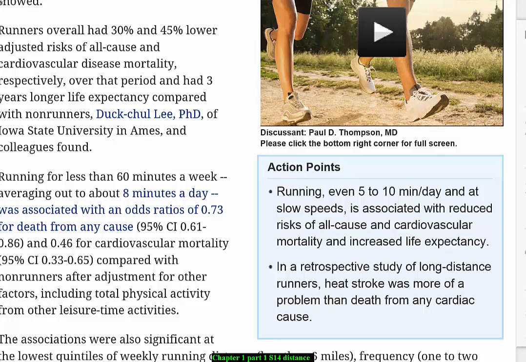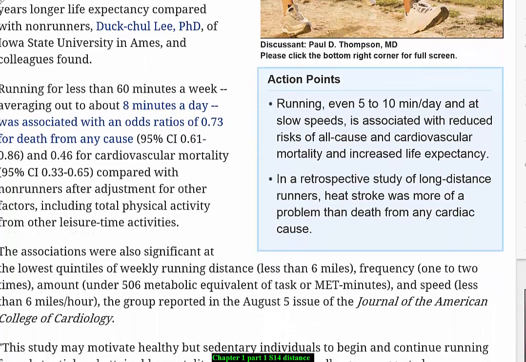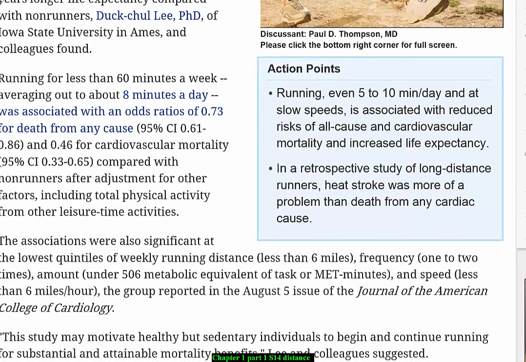Because there are lots of other studies on cardiovascular health and running, it's a little easier for us to accept the notion that we think running is one of the causal factors in this longer life expectancy and reduced risk of mortality.